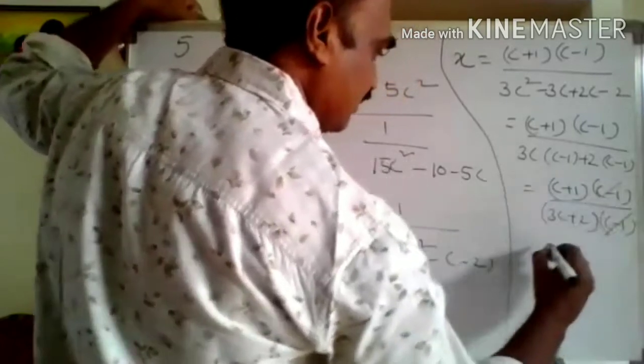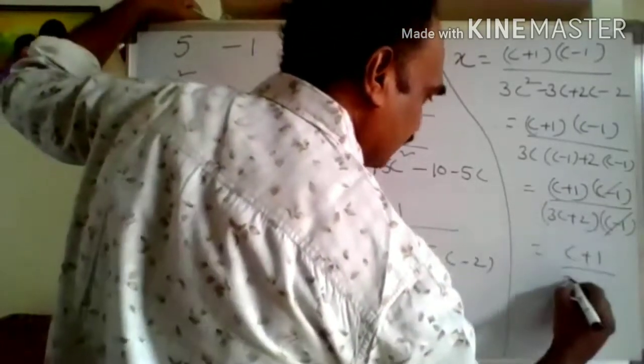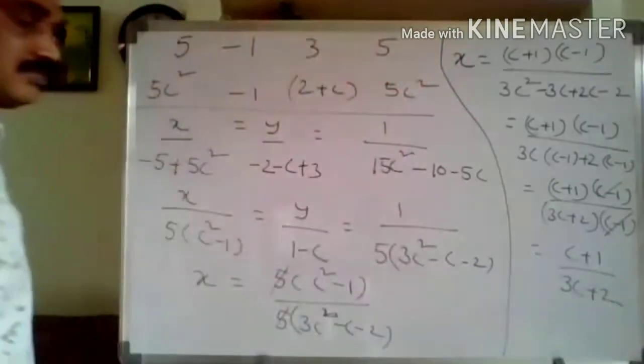So (c minus 1) gets cancelled, and x is equal to (c plus 1) over (3c plus 2).